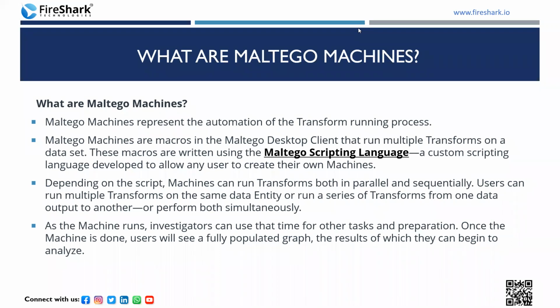Means the Maltego scripting language is already built in, and with the custom scripting language a user can build their own machines, or you can say their own transforms, for extracting or gathering information.